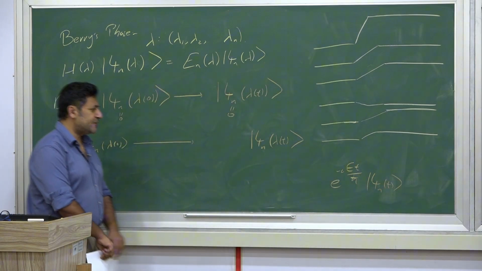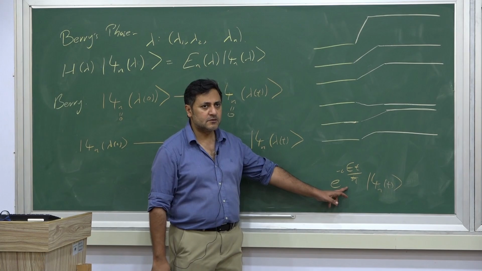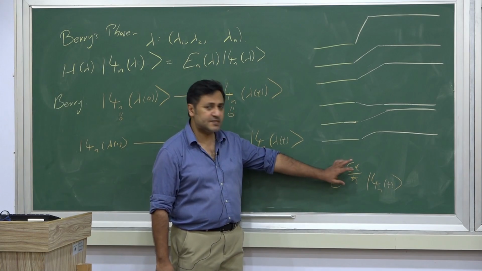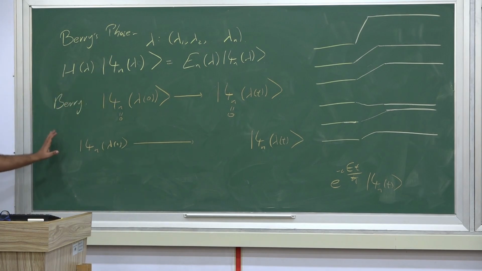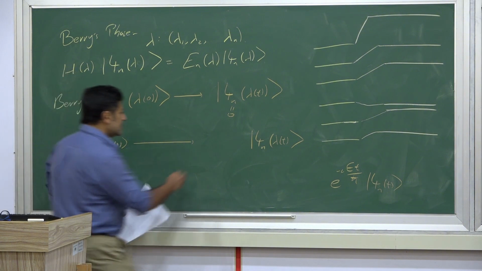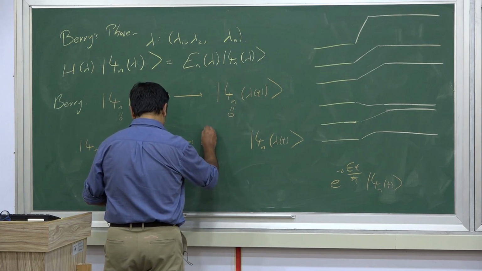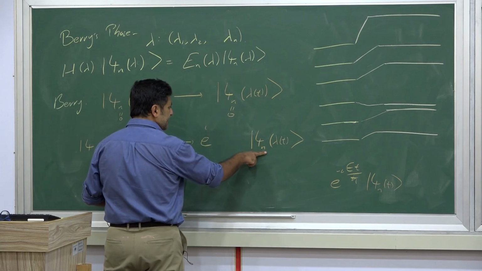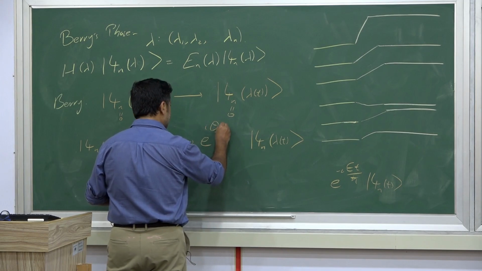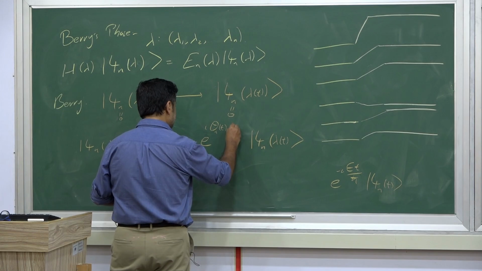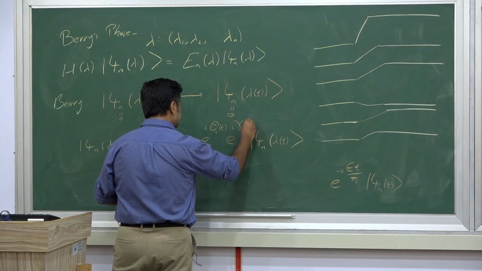So they have these phase factors. This is the time evolution of an energy eigenstate with these phase factors. Berry said that when the time evolution is happening not only because of the Hamiltonian, but the Hamiltonian itself is time dependent, then you will remain in the same eigenstate, but you can pick up some phases.